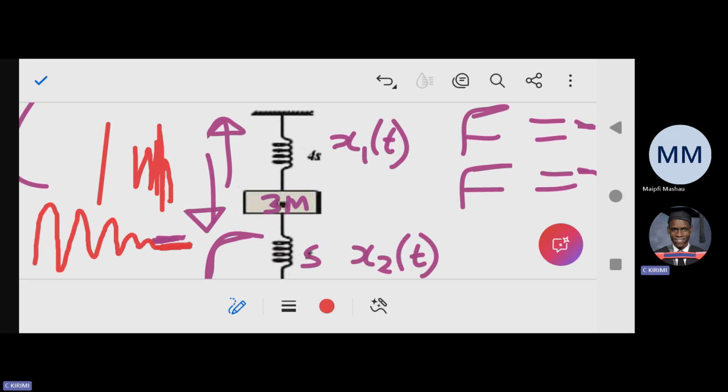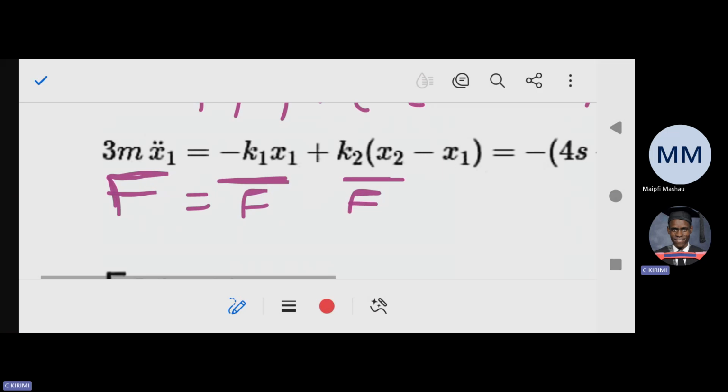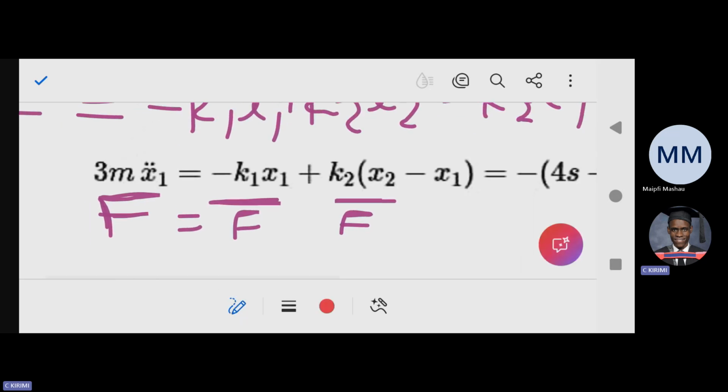All right. So for the first part, only for the 3M block, we are saying mass times acceleration. This is force. The acceleration is the displacement x1 double dot, that is ma. That x double dot here is representing the acceleration. 3m is the mass itself, the mass as a whole.